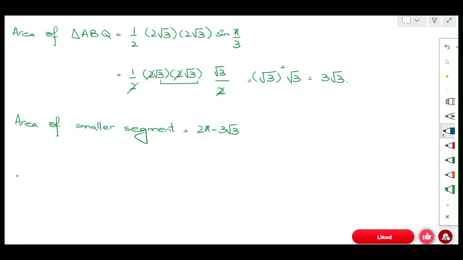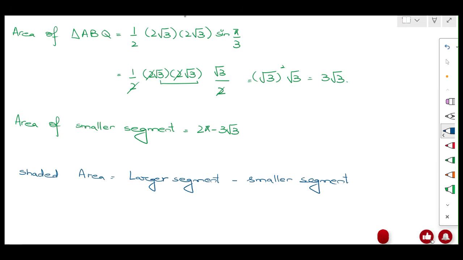So here we can say the shaded area is the larger segment subtract the smaller segment. We will get the shaded area.